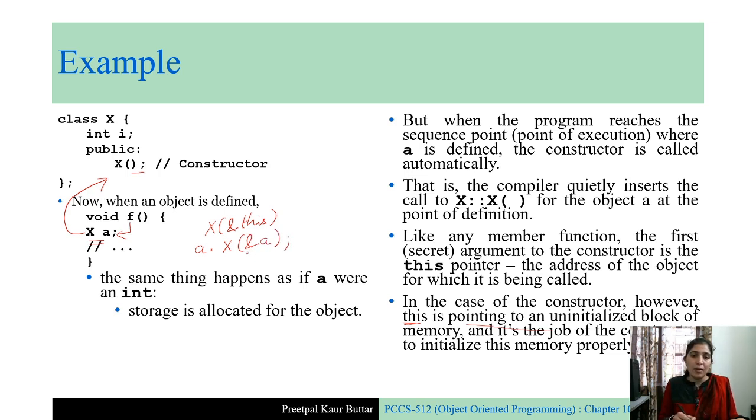But the address of a means the address of this object A, and we have not yet created A. That is why this is pointing to an uninitialized block of memory, and it is the job of the constructor to initialize this memory properly. So when we reach here, the constructor automatically initializes the block of memory which belongs to object A.